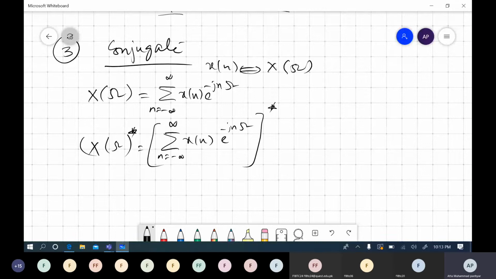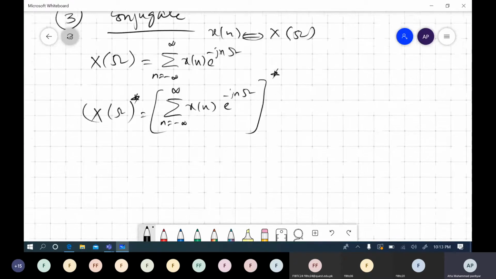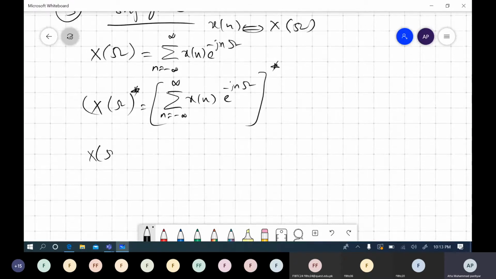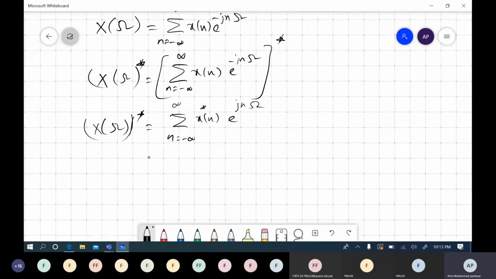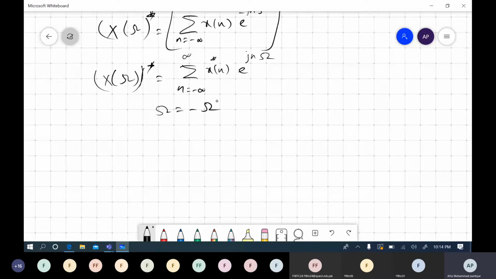Now x of omega conjugate is equal to the summation over n from minus infinity to infinity of x of n conjugate e to the power j n omega, right?